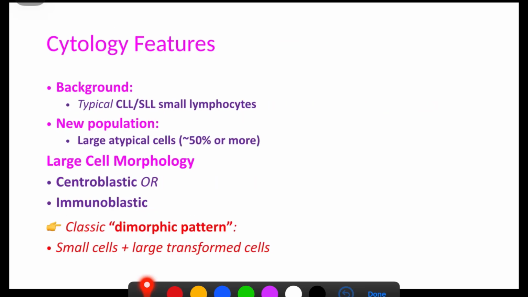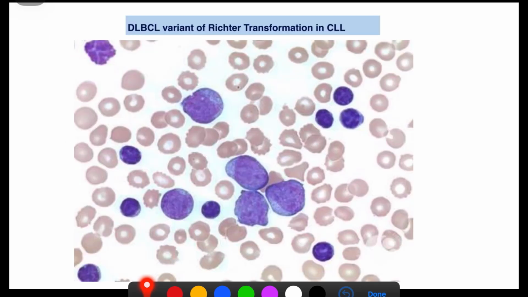Background shows typical CLL/SLL small lymphocytes, but more than or equal to 50% of cells have a large atypical appearance, mostly centroblastic or immunoblastic. So classically there is a dimorphic pattern which includes small cells as well as large transformed cells.